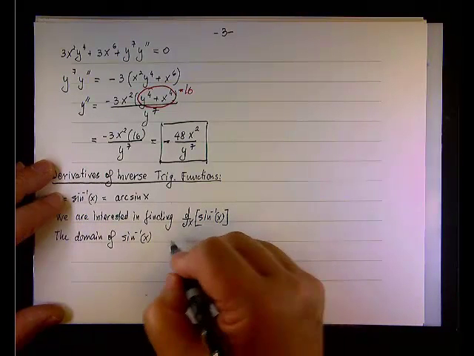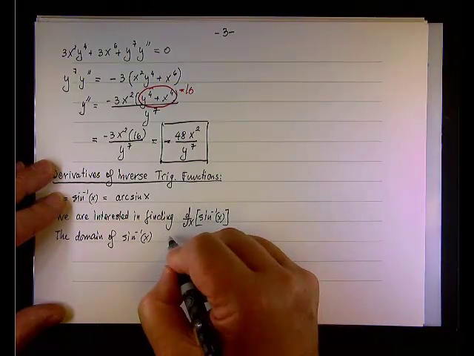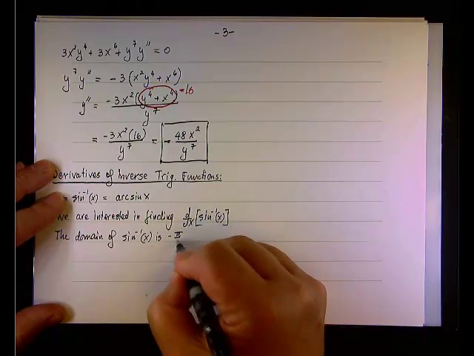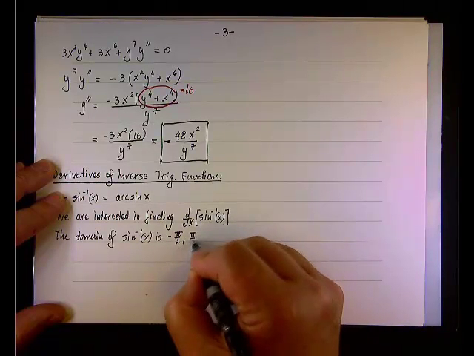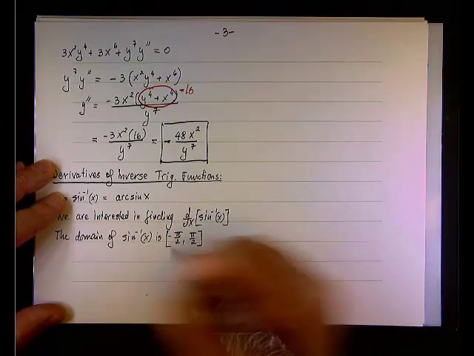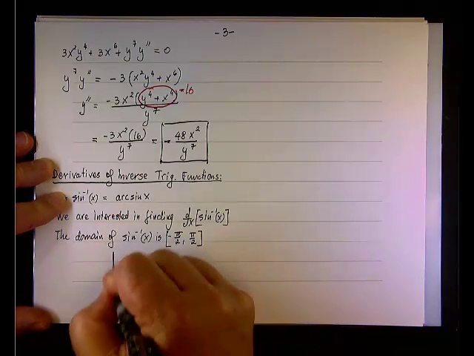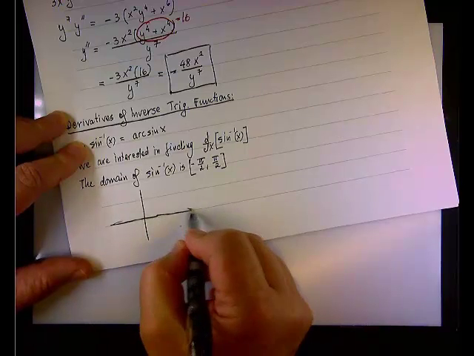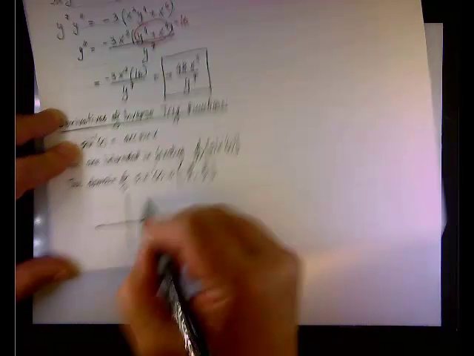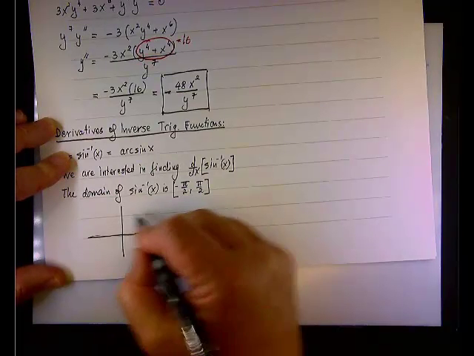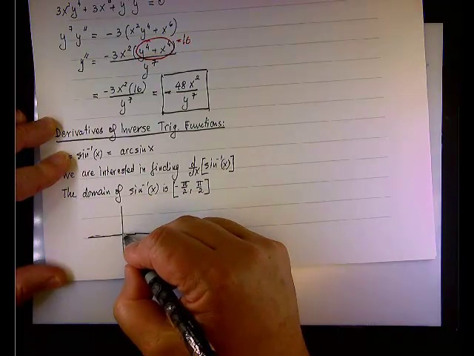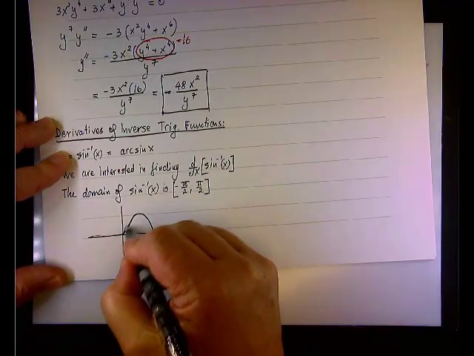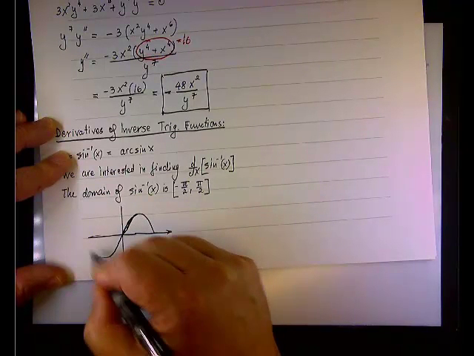And normally we restrict the domain of the sine over negative pi over 2 to positive pi over 2, like so, including the endpoint. The reason being, if you look at the graph of the sine, remember, we start at 0 and we're going to go like this, something like that actually. Then we come back.